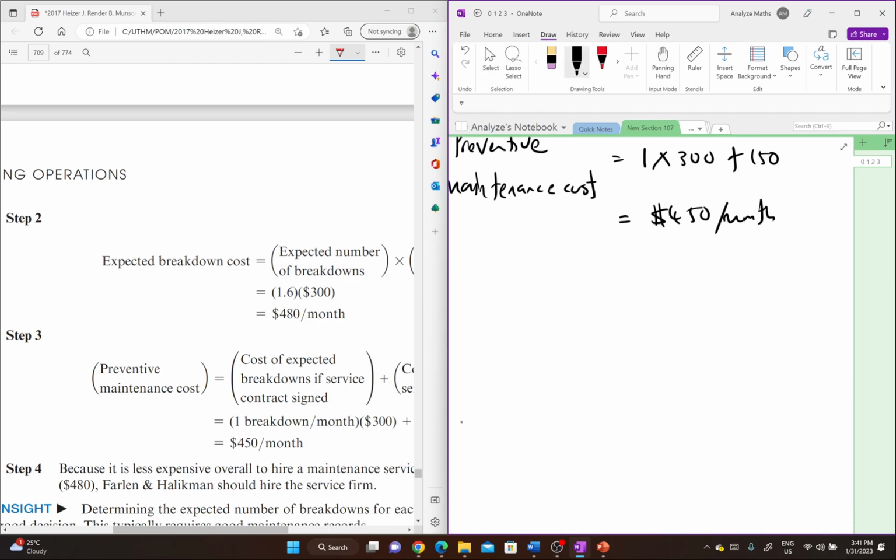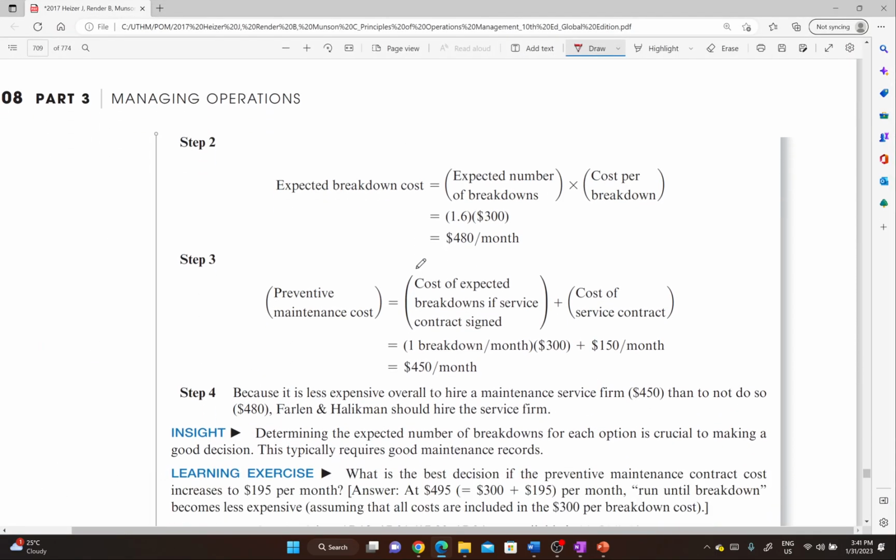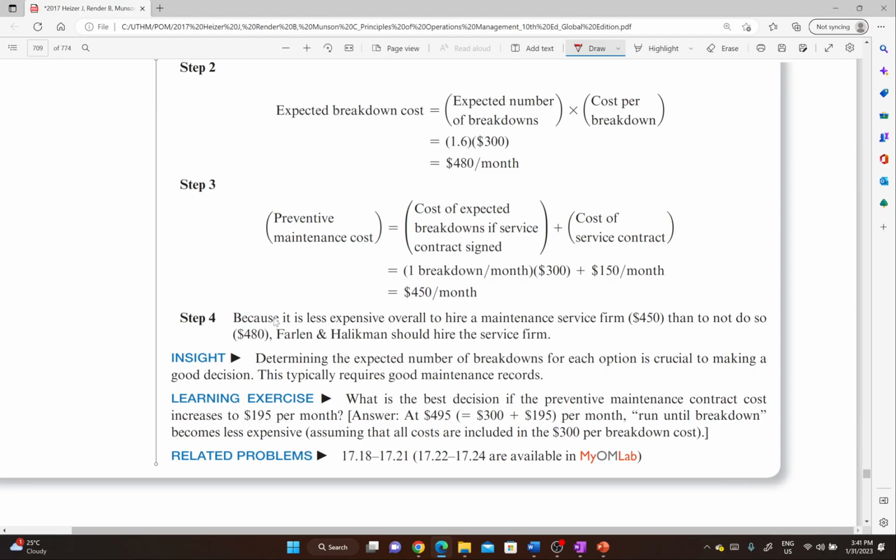Since this is cheaper, our decision is that we should hire a maintenance firm. That's how you compare the preventive maintenance cost with the expected breakdown cost.